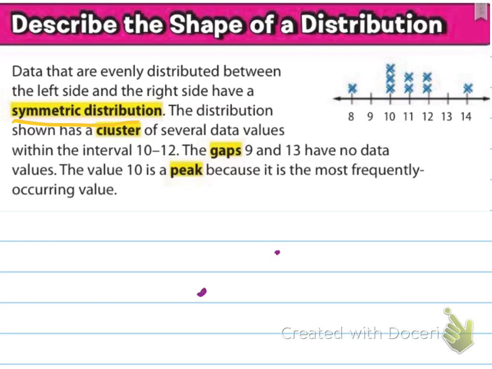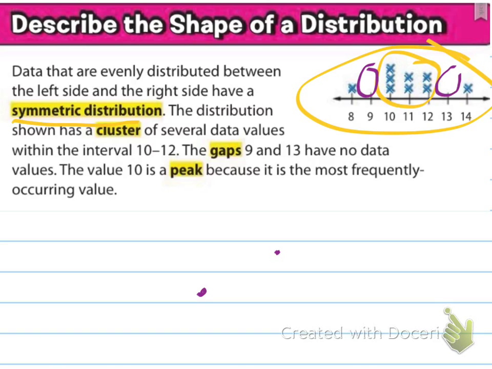The distribution shown over here has a cluster where several of the data values are within the interval 10 to 12. And then they also have some gaps here and here where we don't have any values for 9 and 13. And then the value for 10 is what we call the peak because it is the highest amount of data and because it has the most frequent occurring.